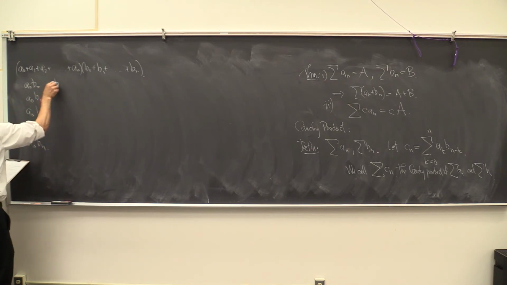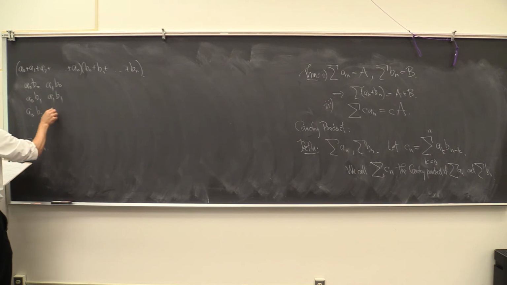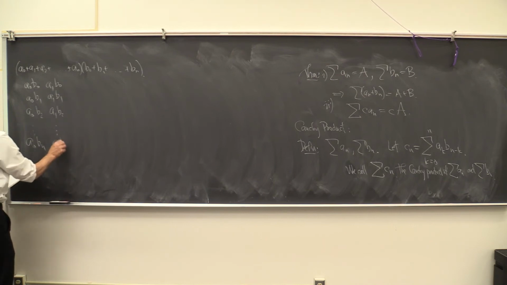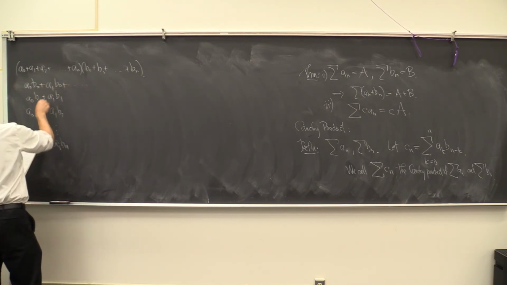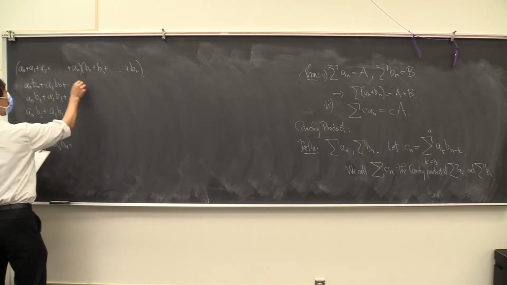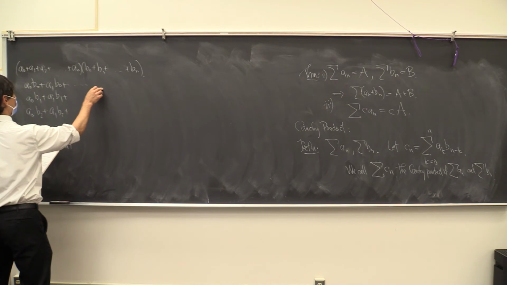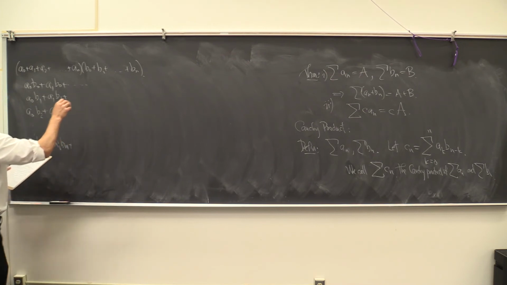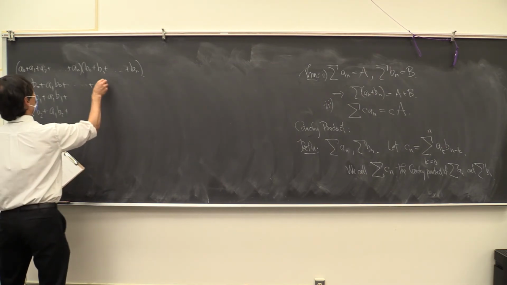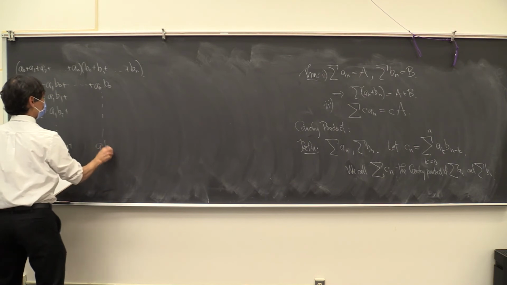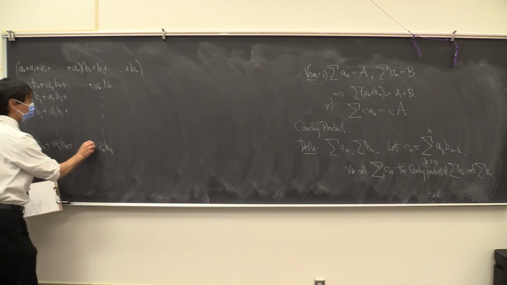You're going to have a1 b naught, a1 b1, a1 b2, up to a1 bn, and so on and so forth, down to a_n b naught through a_n b_n.